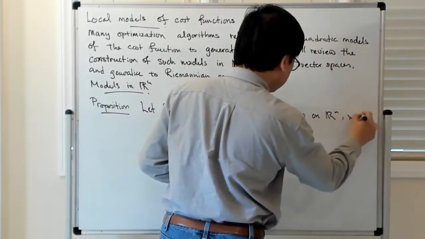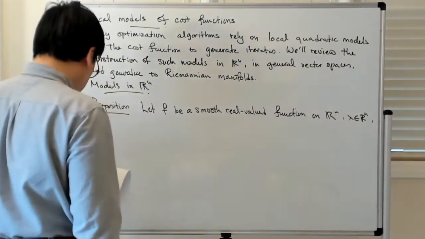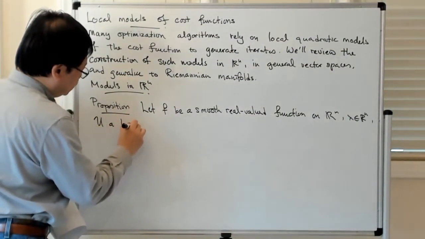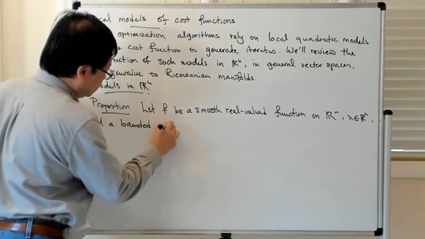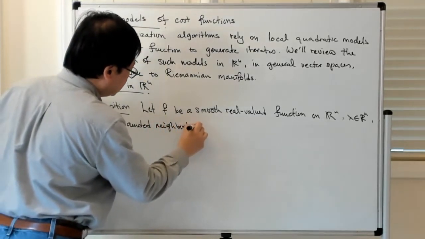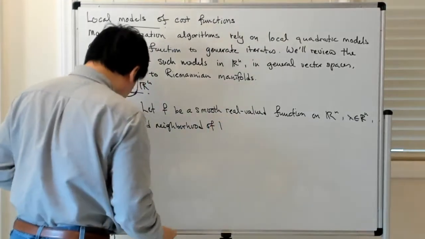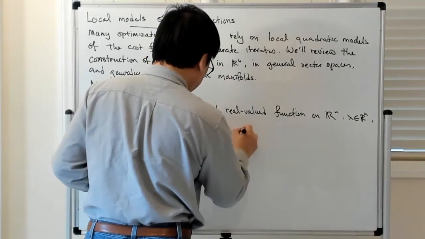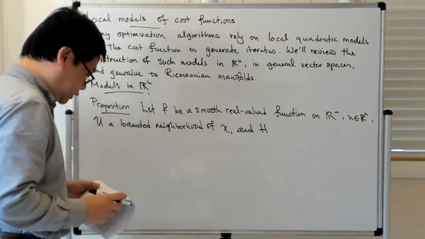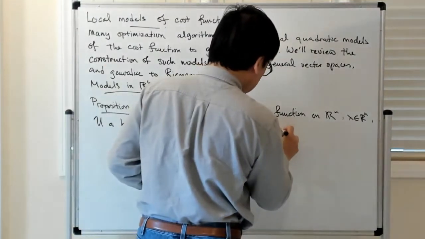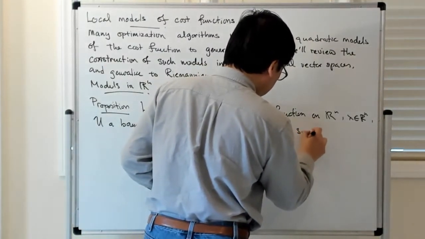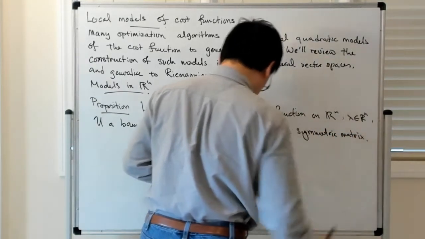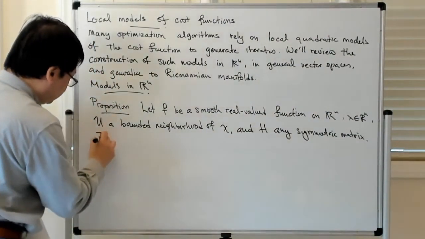And you have a point x which is in Rn, and U is some bounded neighborhood of x. And H is any symmetric matrix. Then the following is true.